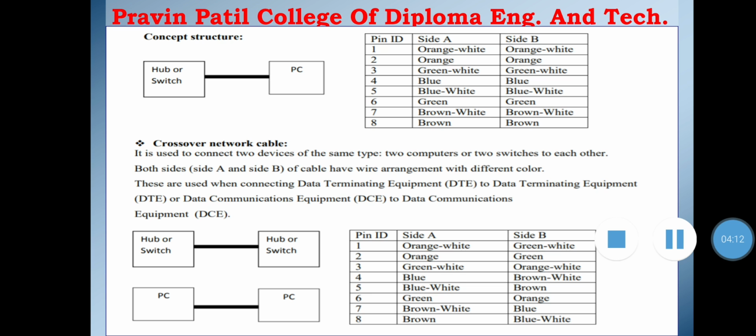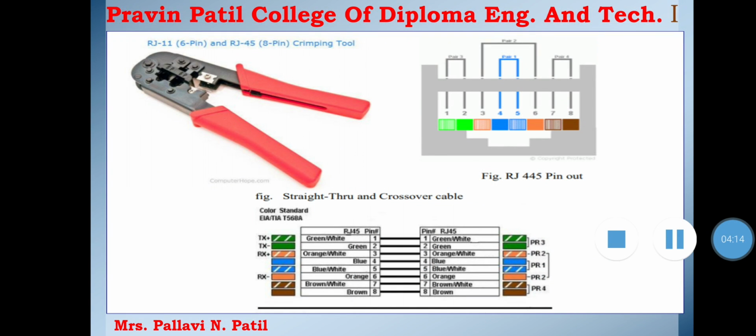Now the next: the RJ45 connector and crimping tool. These are the crimping tools used for straight and cross cables. The RJ45 is a connector for the network cable, the most common one. RJ45 is the standard type of connector for network cables.